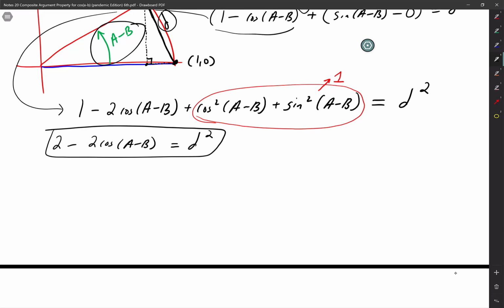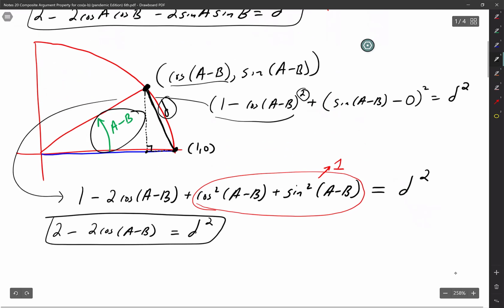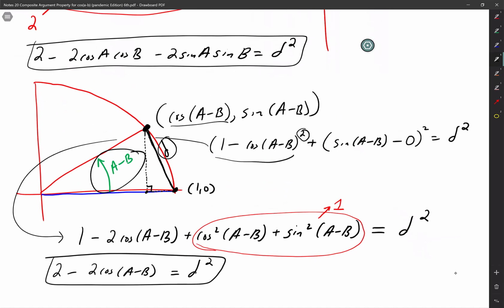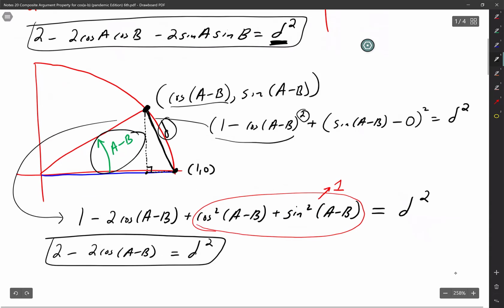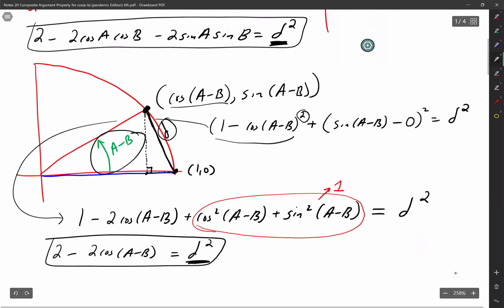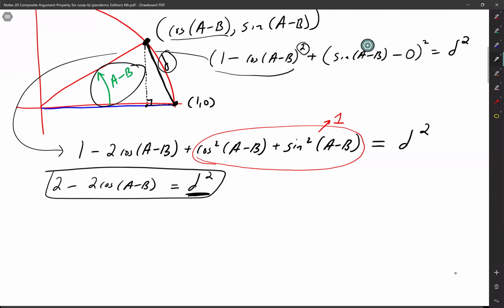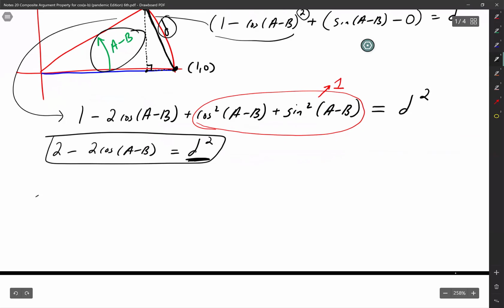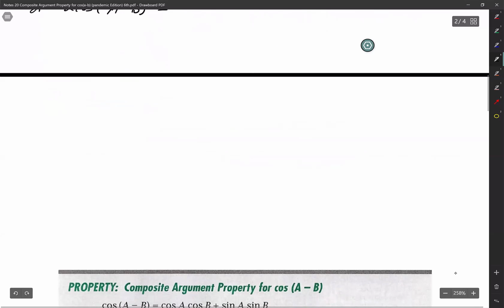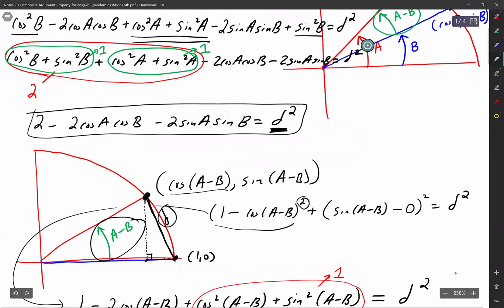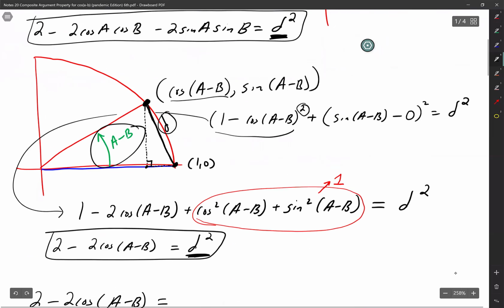All right, guys. So now that we have these expressions, remember, these are the same. This d squared is the same as that d squared. So I'm going to set the expressions equal to each other. I'm going to write this one first: 2 minus 2 cosine A minus B equals, and yes, I did leave some space here on the second page intentionally because I knew I was going to go into it. 2 minus, let me write that.